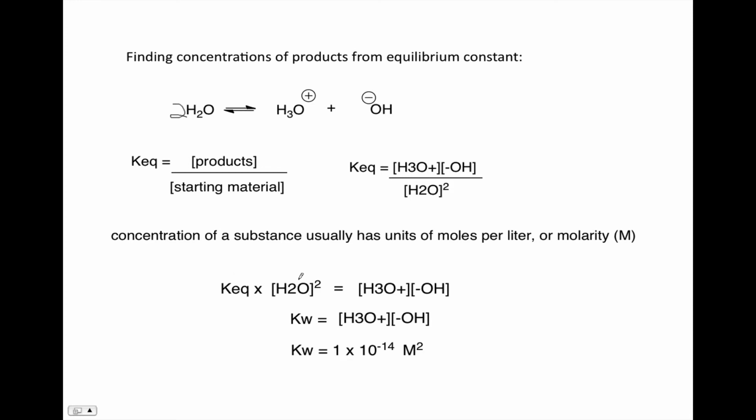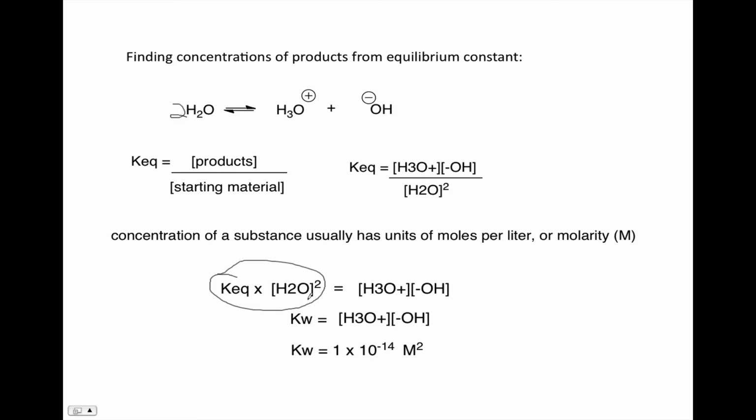Now, for water, it turns out that the concentration of the neutral water molecule is so large relative to the ionization that it essentially stays constant. And so for convenience, we call this entire term here the Kw.